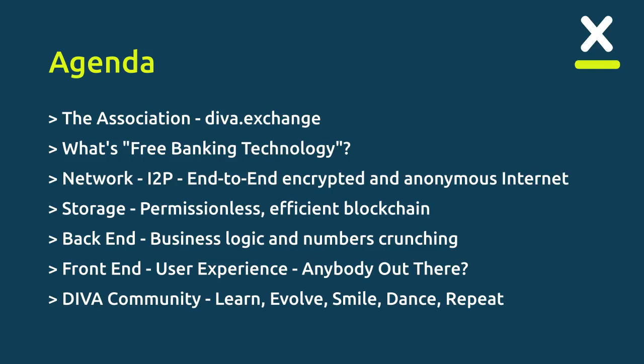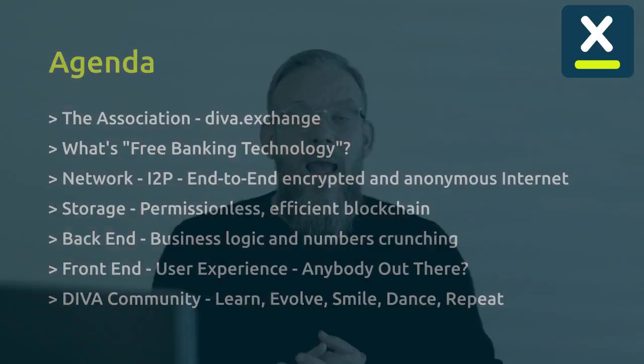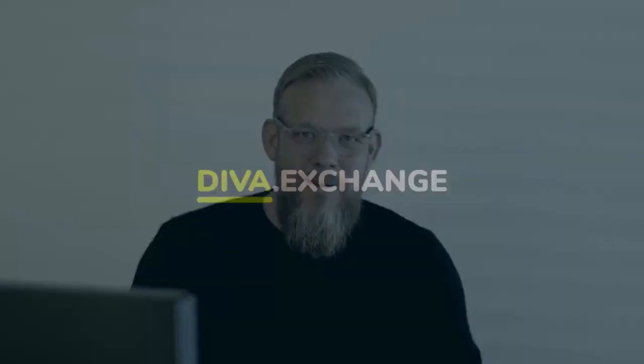Then we're looking at storage, the fully distributed storage, which is a blockchain. The backend, the business logic is interesting. The front end, the user experience, where we are today, this is terribly important. And last but not least, I'd like to introduce you to the DIVA community. I hope you enjoy this talk, so let's get started.